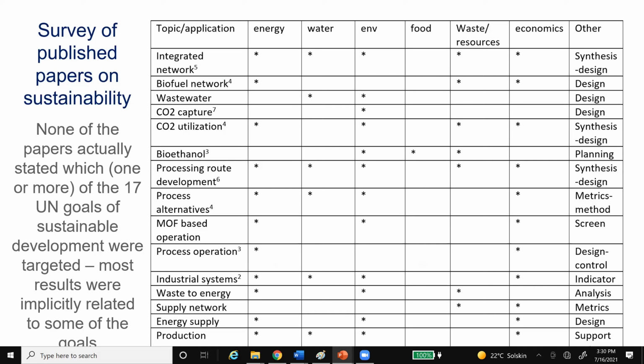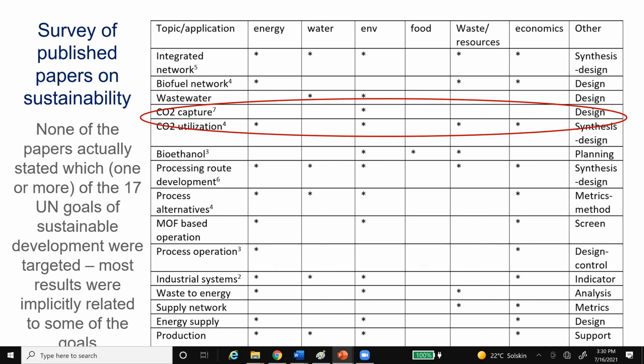Unfortunately, I could not find a single paper that said this sustainable goal is what we have achieved. So I think we need to direct people that when they talk about their sustainable solutions, they need to tell us which sustainable goal they are satisfying.